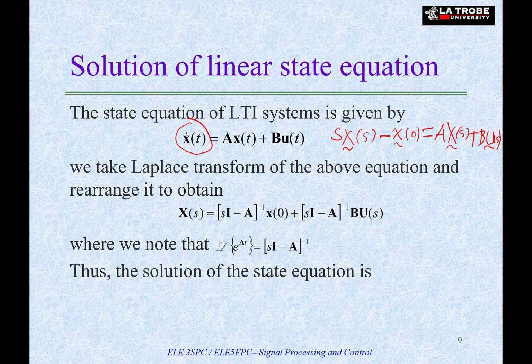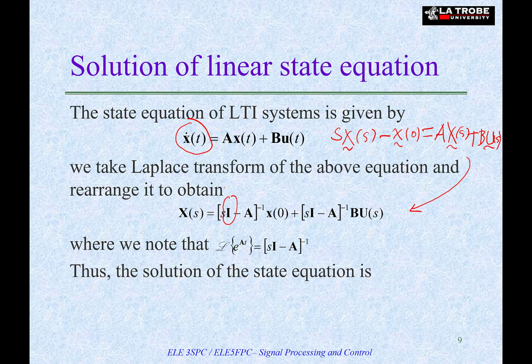And we need to rearrange the terms to find X(s). That is shown by this step. One thing you need to pay attention to when you rearrange the terms is that you need to consider adding the identity matrix, because matrix operations can only take place when you have compatible dimensions of matrices.